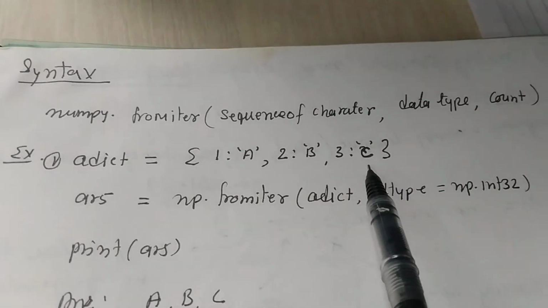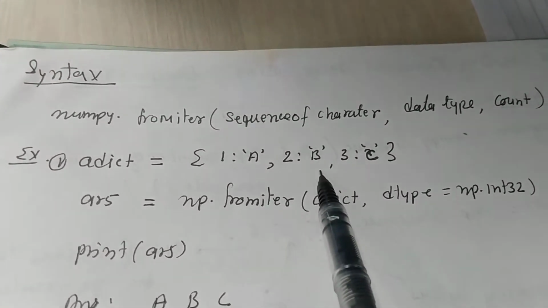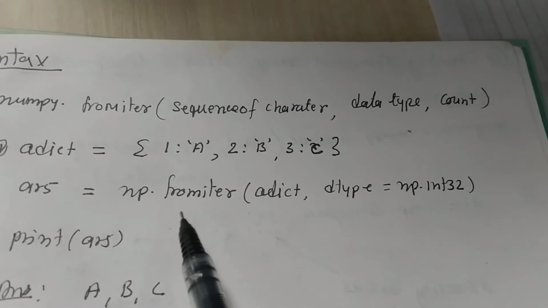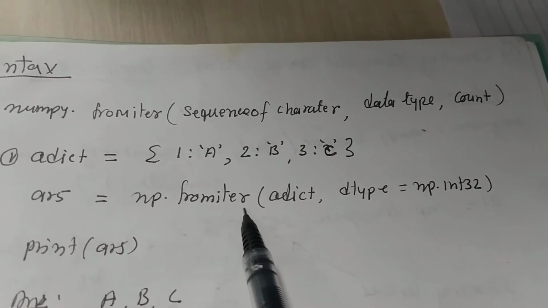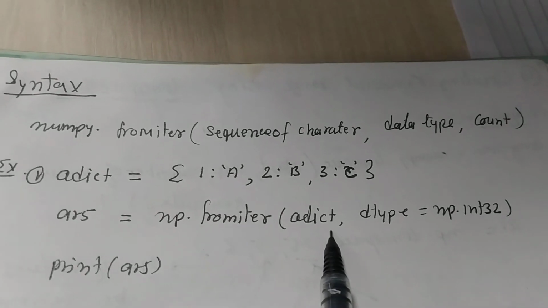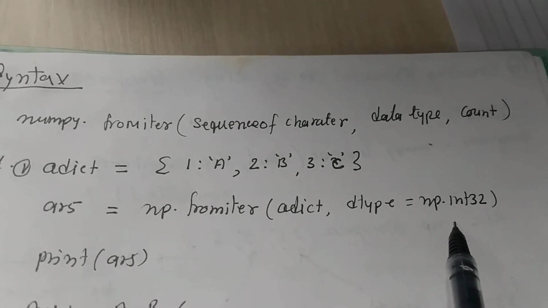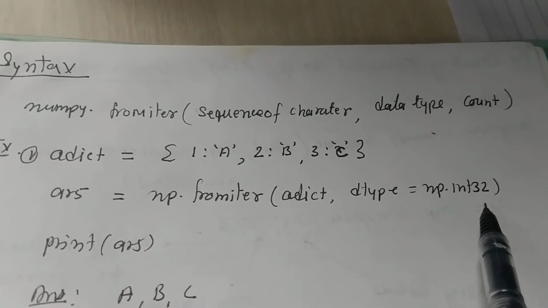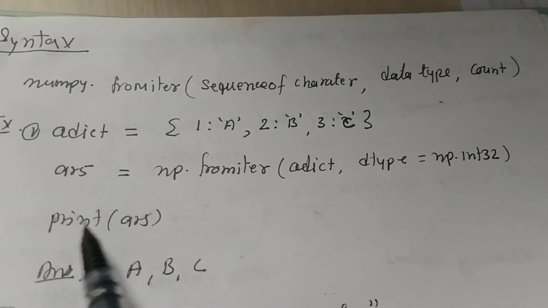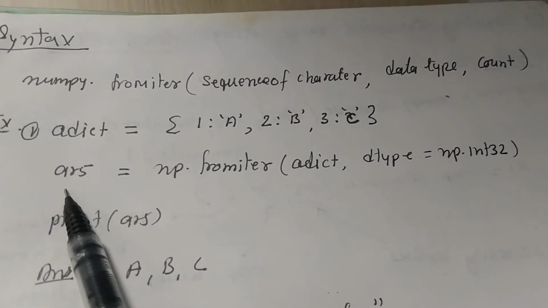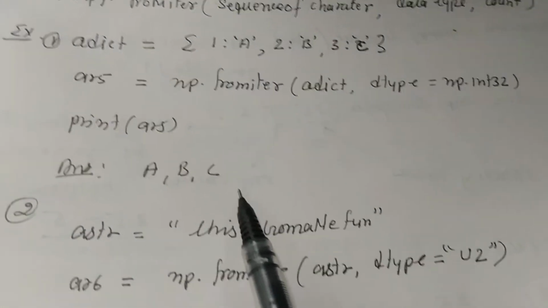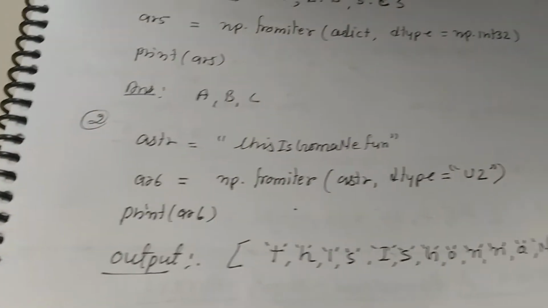Indices 1, 2, 3 are there, the first is A, the second B, and the third is C. We pass this dictionary to the fromiter function, and we give the data type np.int32. Then I printed ar5, and its answer is A, B, C. Like that we can create it.